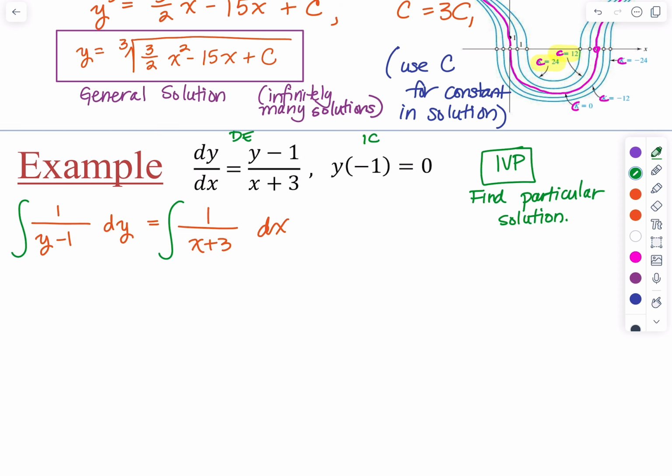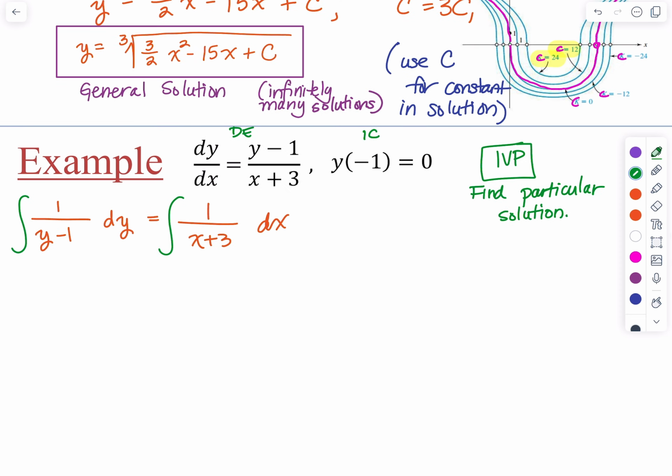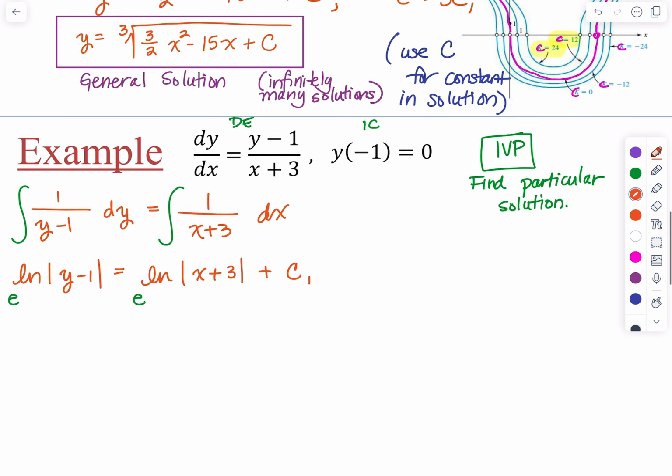Okay? So now we have our left-hand side as the natural log of the absolute value of y minus 1, is equal to the natural log of the absolute value of x plus 3 plus our first constant that we come across. Now we can exponentiate both sides. This entire right-hand side is in the exponent.